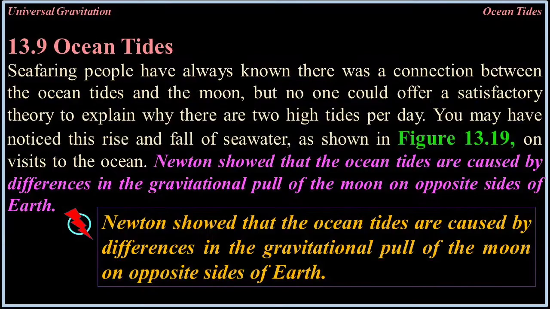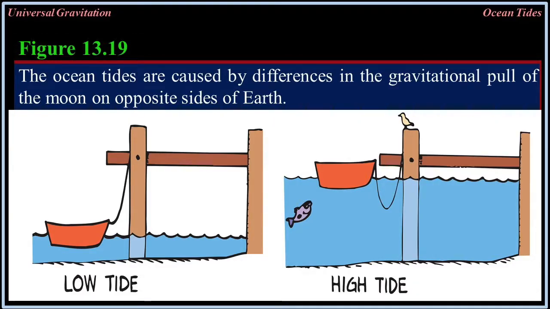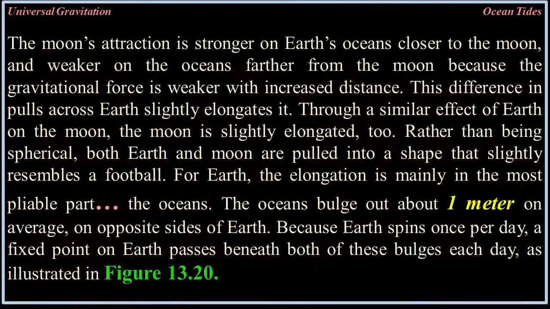Newton showed that the ocean tides are caused by differences in the gravitational pull of the moon on opposite sides of Earth. Figure 13:19, the ocean tides are caused by differences in the gravitational pull of the moon on opposite sides of the Earth. And in some areas of the Earth, the difference between low and high tide is dramatic.